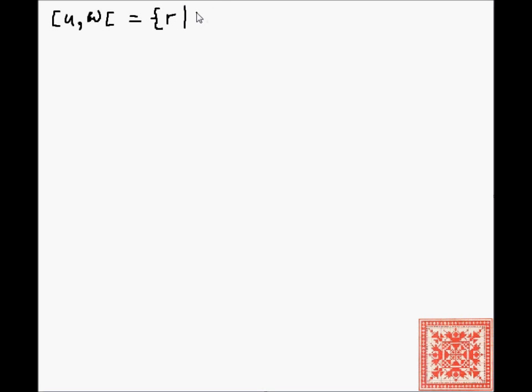So it's r such that r is greater than or equal to u, but strictly less than w. Another way to look at it, this is a half-open interval. This would probably be a more common notation, but I'm going to stick with notation from the text, Wavelets Made Easy.